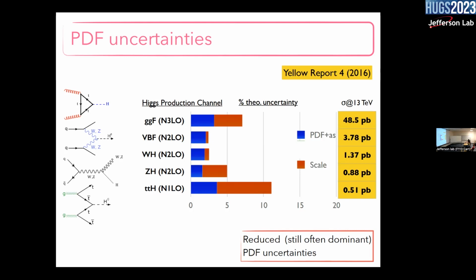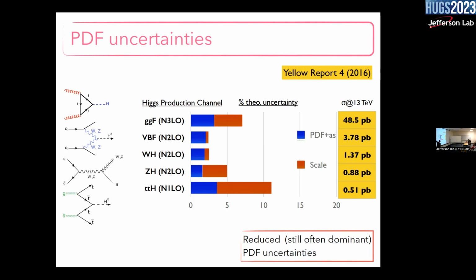So whenever I'm giving a number to the experimentalist, I have to tell them that to our best knowledge of the standard model, the production cross-section for the Higgs via gluon fusion is 48.5 picobarn plus a 7% uncertainty, half of which comes from the lack of knowledge of the higher orders in perturbative QCD, and half of which comes from our imperfect knowledge of the structure of the proton. So you have to give a kind of balance of the uncertainty.